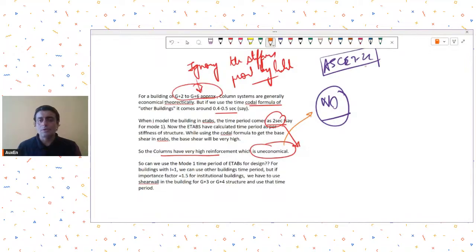ASCE 7 allows it under certain conditions. I think if your codal time period is more than 1.4 times the modal time period, then you have to use the modal time period. If not, then you are allowed to use the computer model time period. I think such conditions are there in ASCE 7.